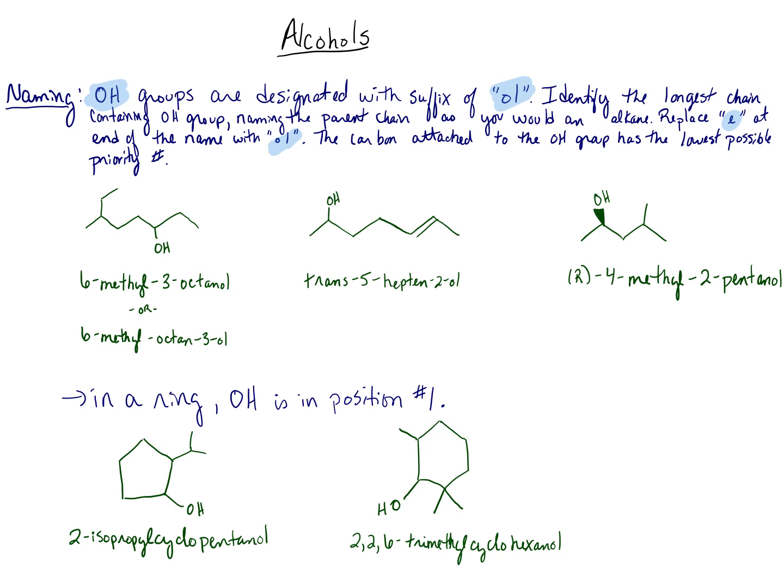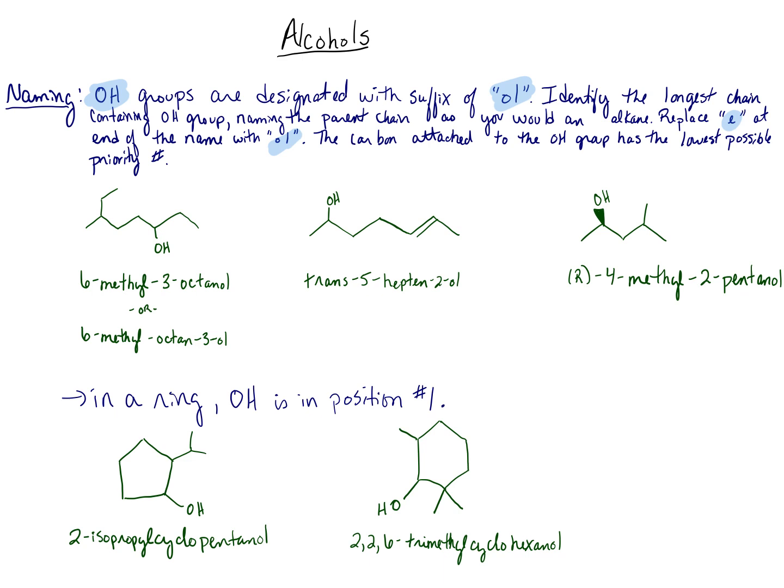Now, I'll tell you this sort of as a spoiler. Whenever you're changing the end of the word, the very end of the word gets the lowest possible number when you're trying to number things. In a ring, that gets number 1. Just period. It gets number 1. So using that approach, let's look at how to name these.